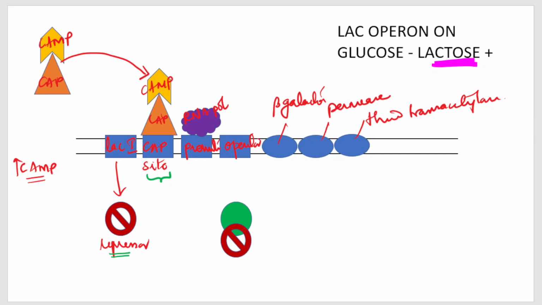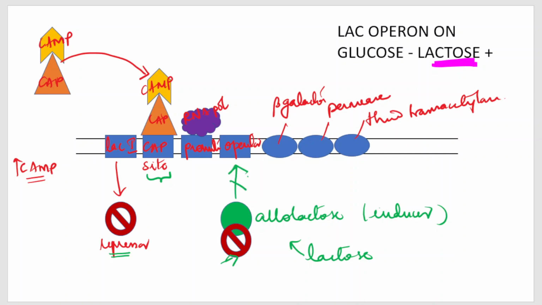Some of the lactose present can form allolactose. Allolactose is an inducer that can bind to the repressor protein and block the action of the repressor, so the repressor will not bind to the operator.